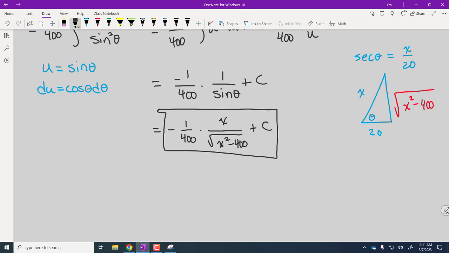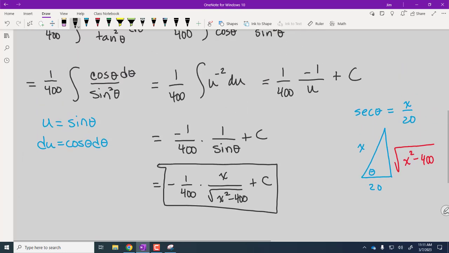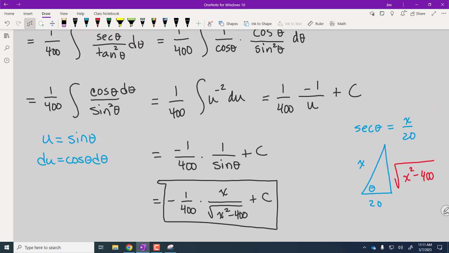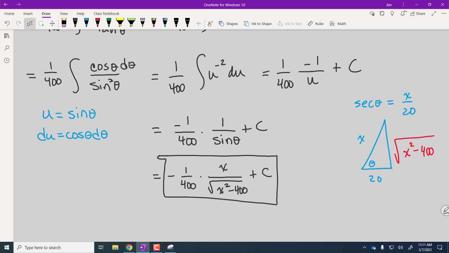Is there ever a time where you can't use an identity like that, for the 1 over sine at the end there? No. You'll always be able to have sines and cosines here, so you can always go to your triangle. It really doesn't matter what trig function you end up with.